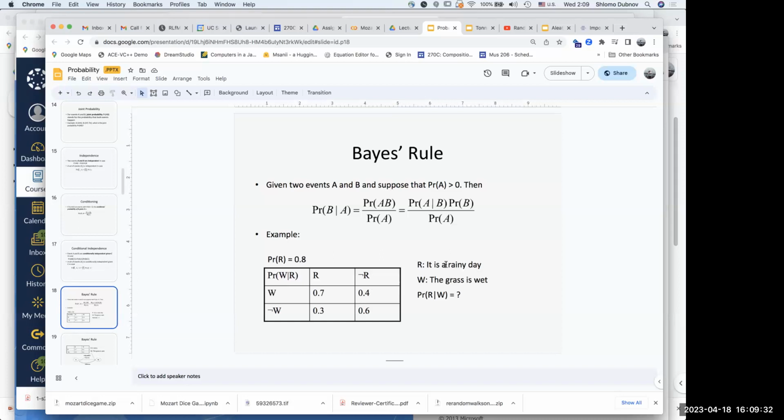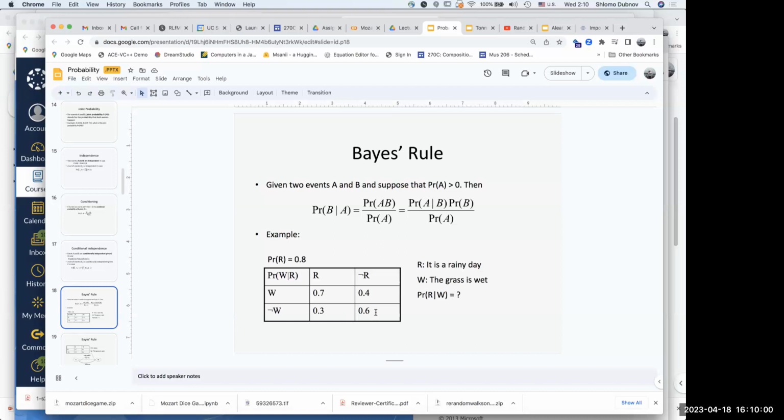So if this is an experiment or measurements that we do, one is whether it's a rainy day, another one is whether the grass is wet. You can see that you have these combinations: wet and rain, wet and not rain, because maybe the sprinklers were working, not wet and rain, very low probability but still happens, and not wet and not rain, another probability.